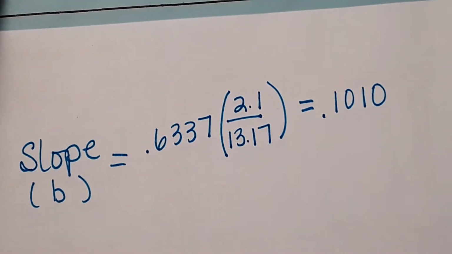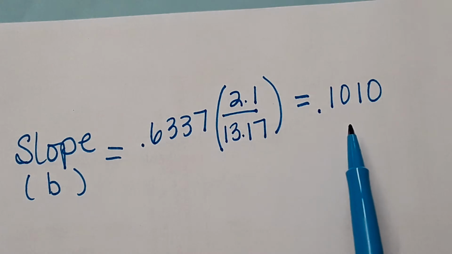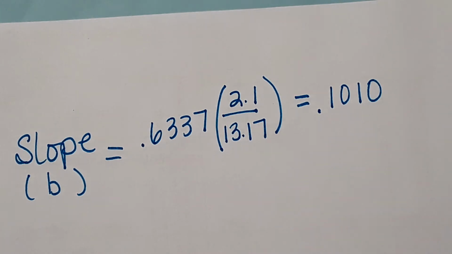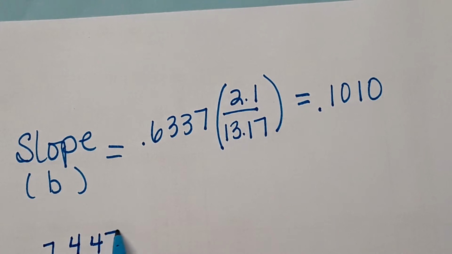Now, I will tell you that because we rounded this right now, it won't be as good as if we plugged in a longer number for slope, because once you round and you plug in, you're starting that round off error. So our y bar is 7.447.